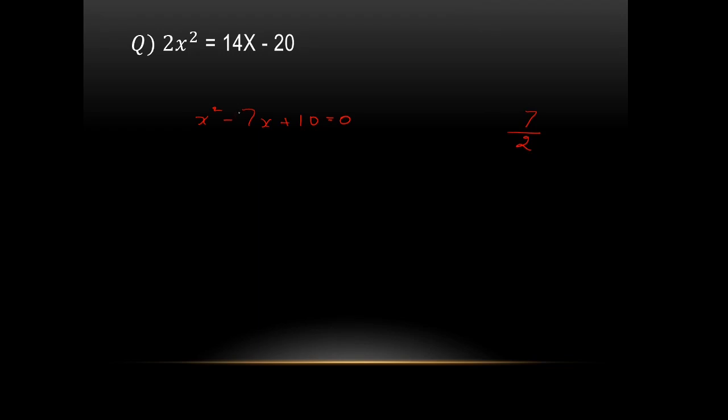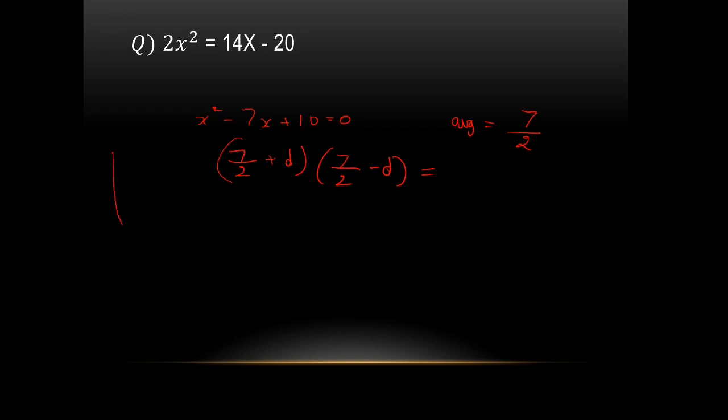So minus of minus 7 by 2 will be the average of the roots. So average of the roots is equal to 7 by 2, and then what to do is to write it in the form 7 by 2 plus d into 7 by 2 minus d is equal to the product of the roots.